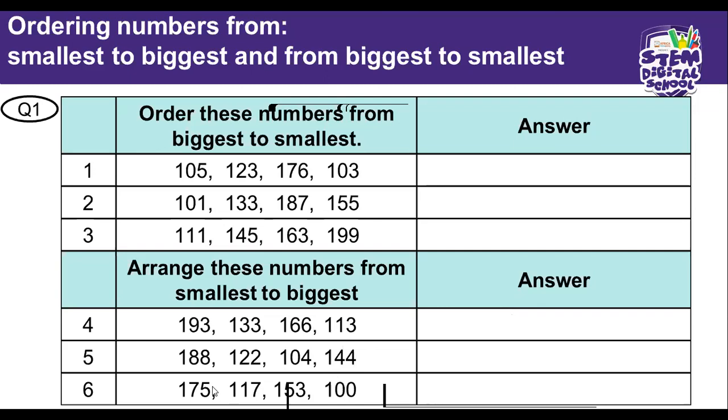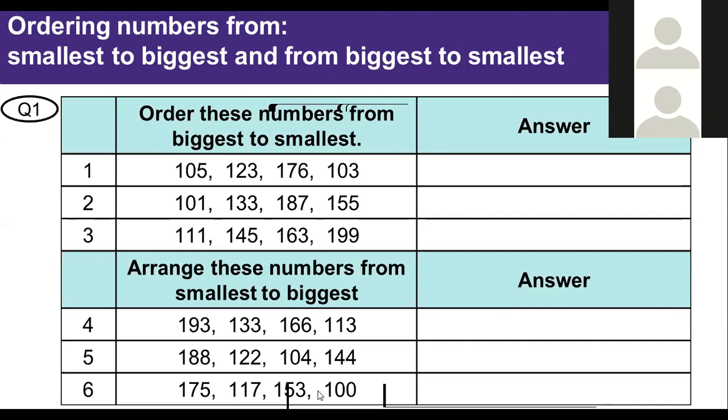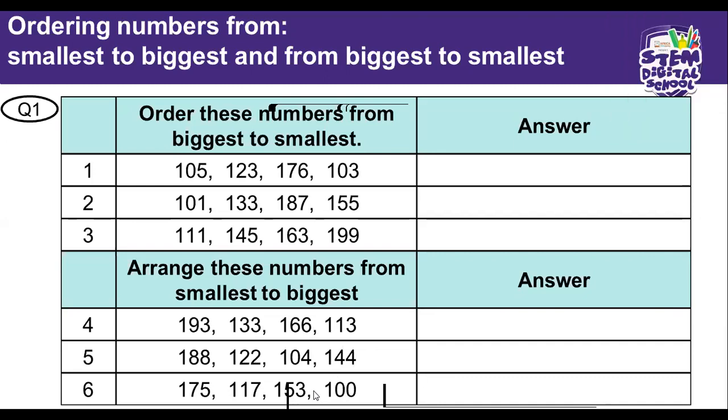Yes, Avi, it is 100. So followed by what? It's 100 followed by 117, that's correct. Yes, Ndemba, Musa, Kabani. And then followed by what number? Yes, 153. Thank you, Blessing, for giving us all the answers right.